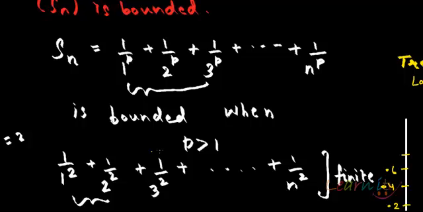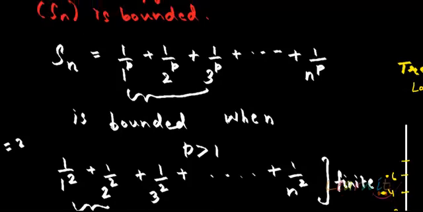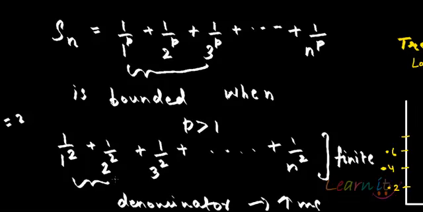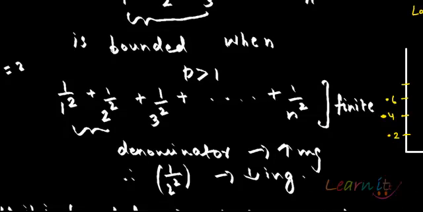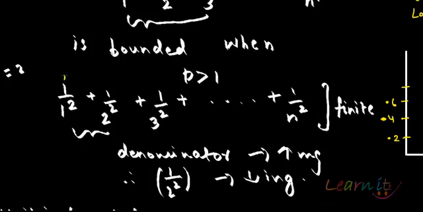When P equals 2, the sum is essentially finite. Why is it finite? Just look at the denominator. The denominator is increasing because it's in a power which is greater than 1. That means the terms are decreasing when the denominator is increasing.